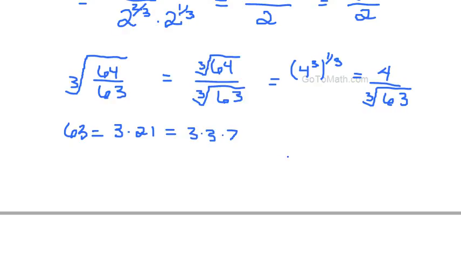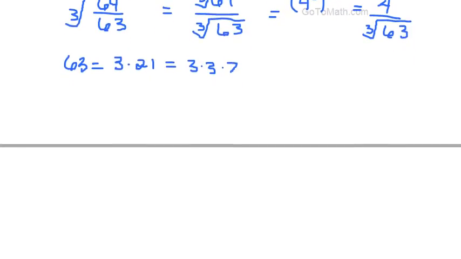But the question is, is there a perfect cube in here? And there's not. If there was another 3 right here, then we could break this down further, but we can't. So we're going to do this.